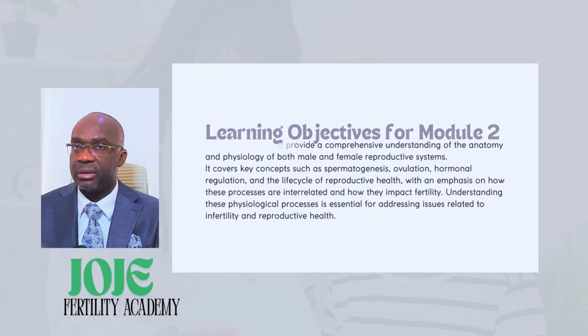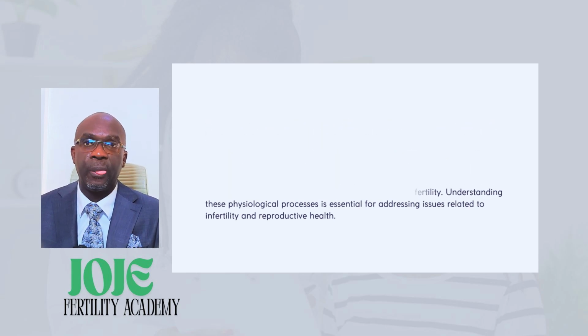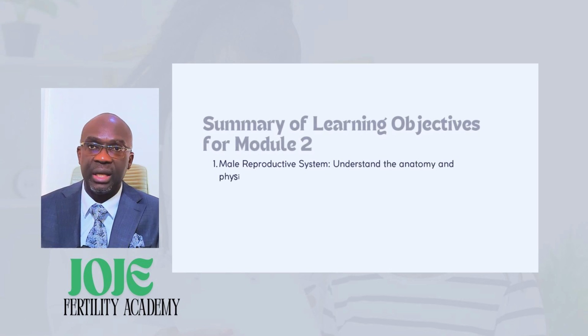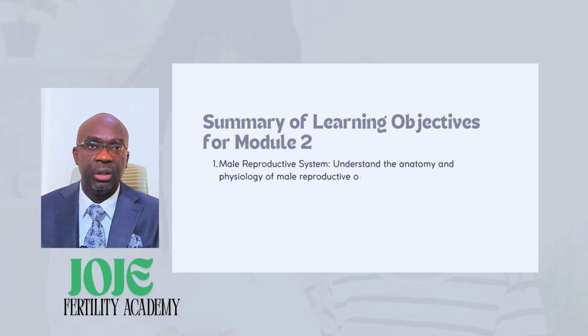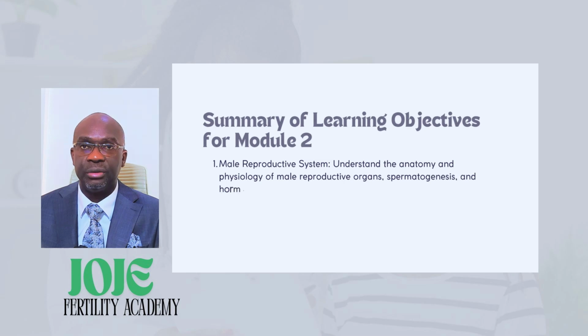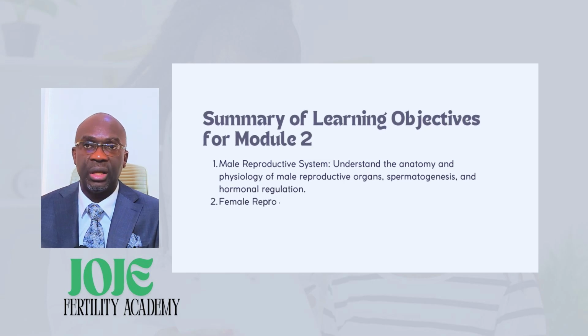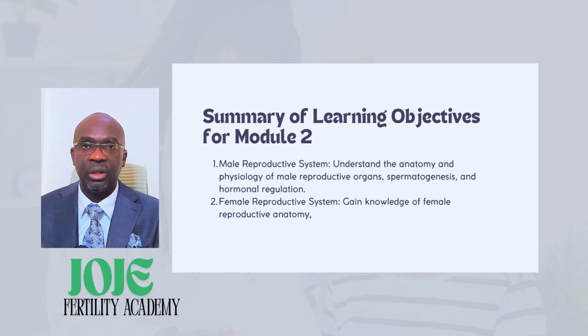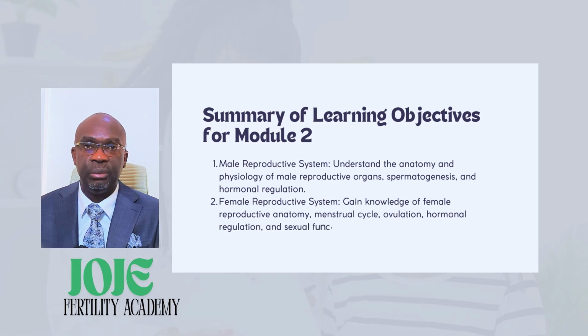It is hoped that by the time we are done, learning objectives would have been achieved, which can be summarized under 1, the male reproductive system, understanding the anatomy and physiology of male reproductive organs, spermatogenesis, and hormonal regulation, and 2, the female reproductive system, to gain knowledge of the female reproductive anatomy, menstrual cycle, ovulation, hormonal regulation, and sexual functions.